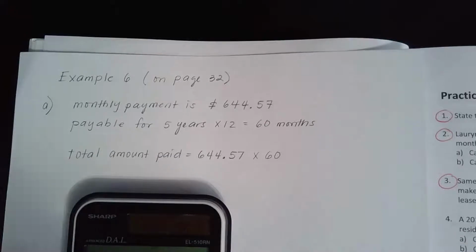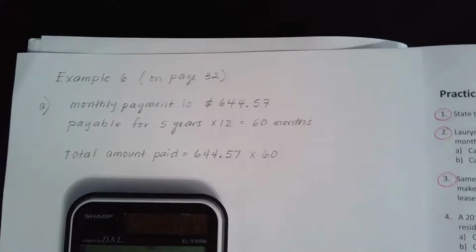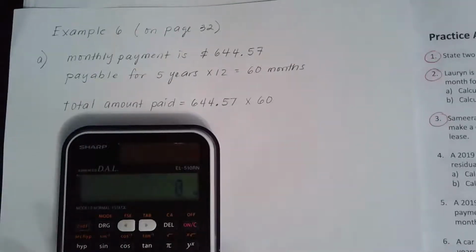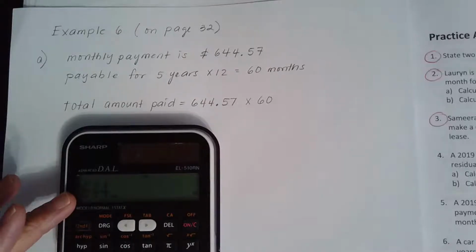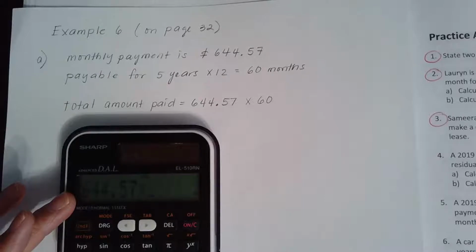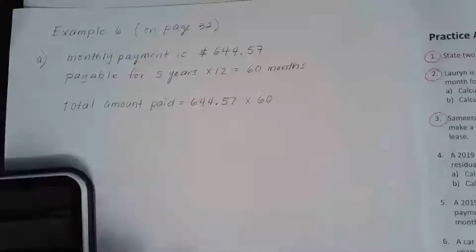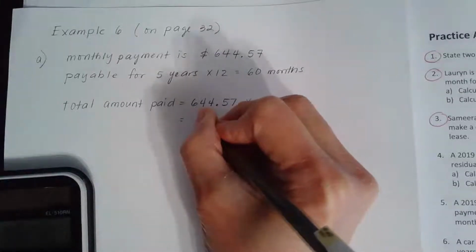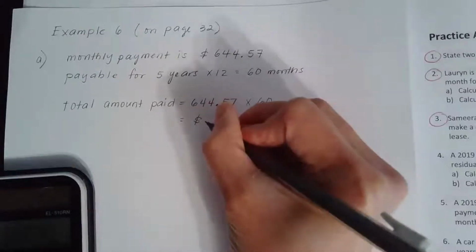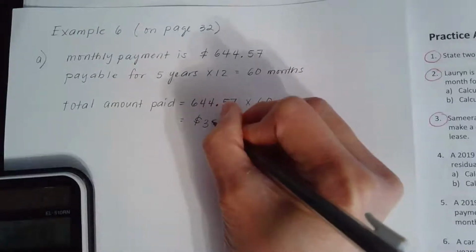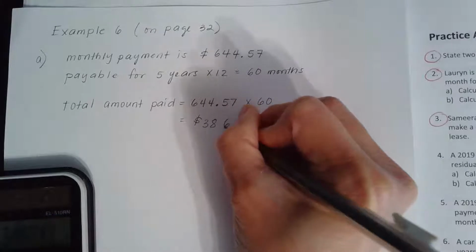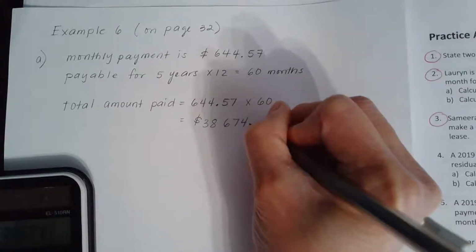Let's do the math together. Go ahead and have your calculator ready in front of you. 644.57 times 60 months. I got $38,674.20.